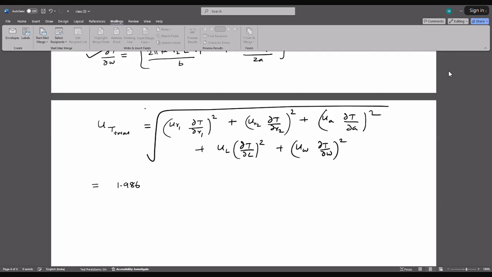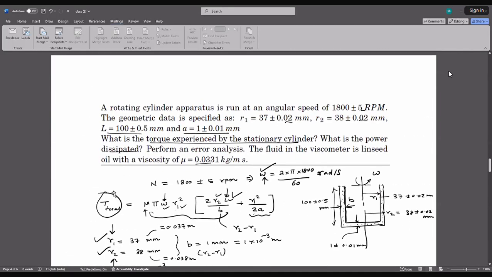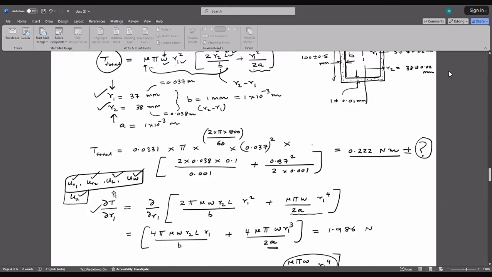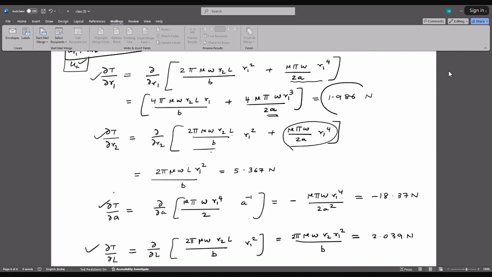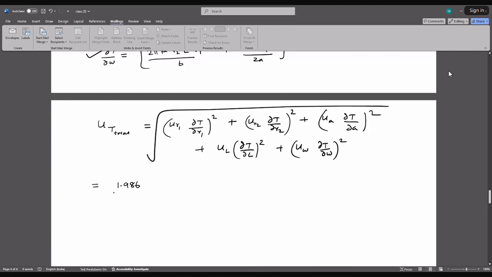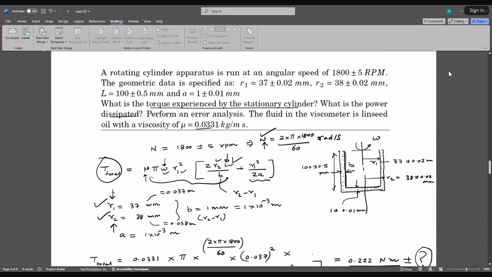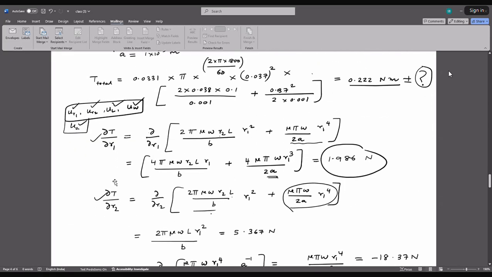1.986 is ∂T over ∂R1, into the uncertainty of R1, UR1, which is 0.02 millimeter.